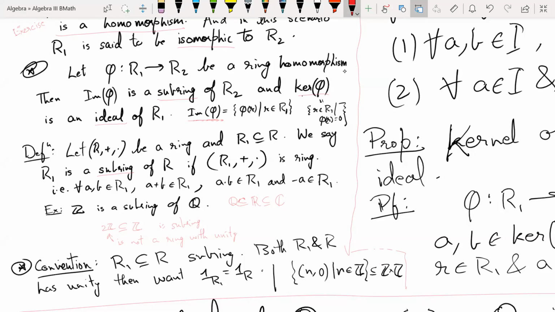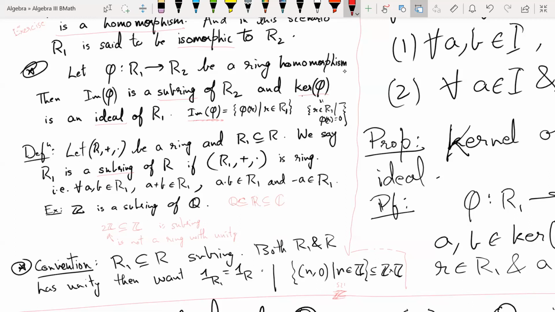As you can see, this is a ring, and if you think of it as a ring, it is isomorphic to Z. If there is some confusion, we will be a little more specific about what it is.